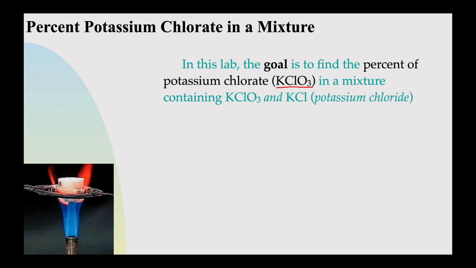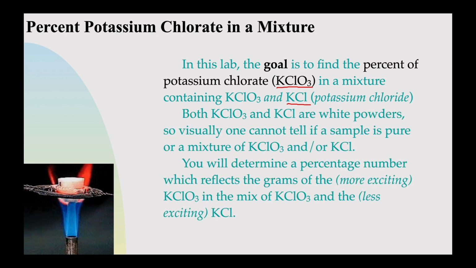So if you've had a potassium chlorate sample in your garage for a while, it has probably decomposed. What it decomposes into, as we're going to see, is potassium chloride. So there's a chlorate, potassium chlorate, KClO3, and potassium chloride, KCl. The goal is to find the percent of potassium chlorate in the mixture.